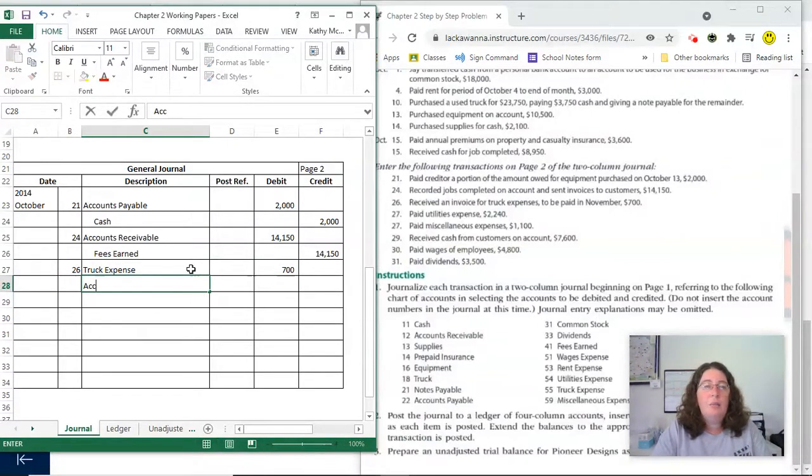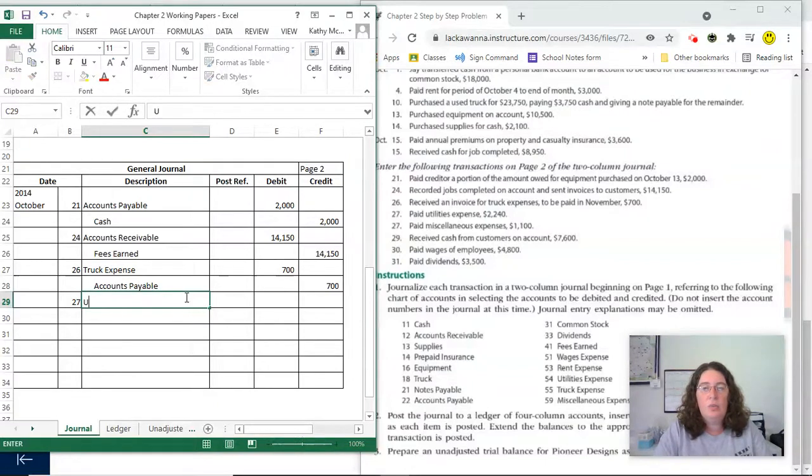We have not paid them yet. We owe them that amount of money, so we're going to credit accounts payable for $700. And I'll be honest, the more journal entries you do, the more they will start to make sense and come to you naturally.